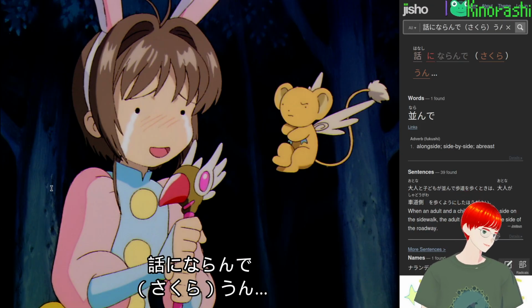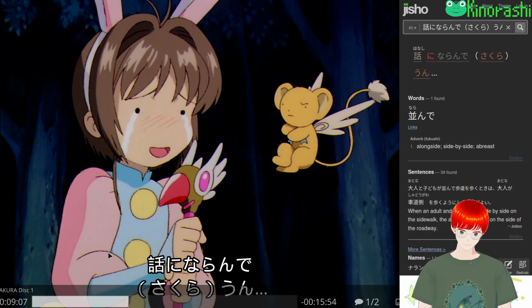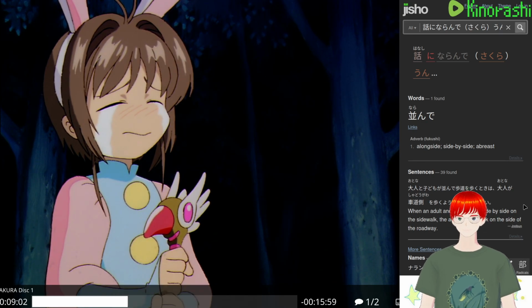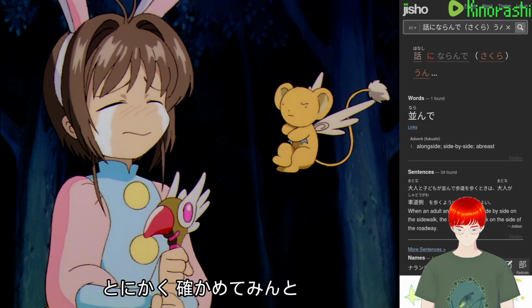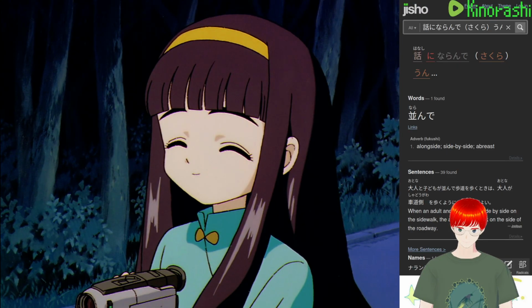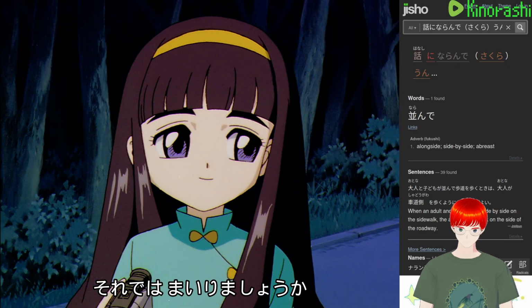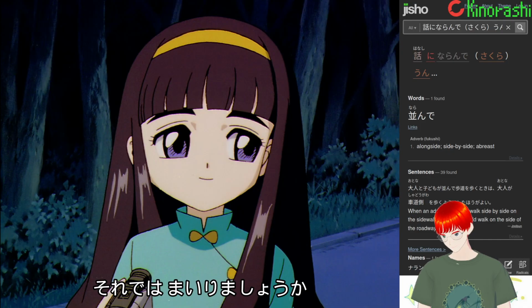Tonikaku, tashikamete min to hanashi ni narande. Hanashi ni narande. And then, yes. それでは参りましょうか。Mairi would be from mairu.